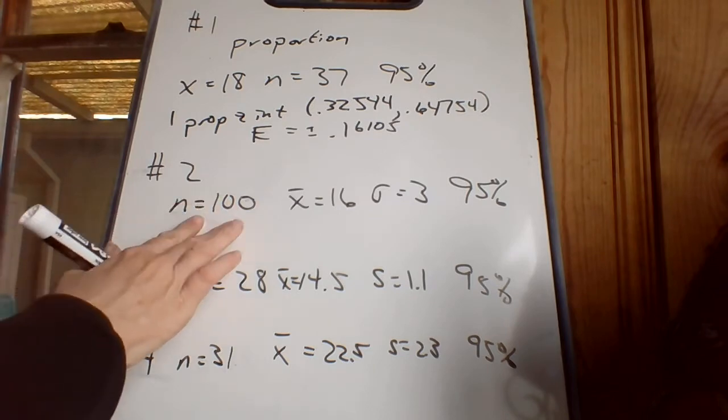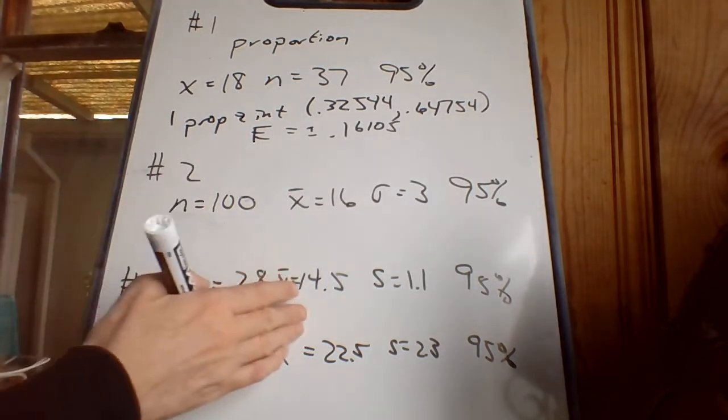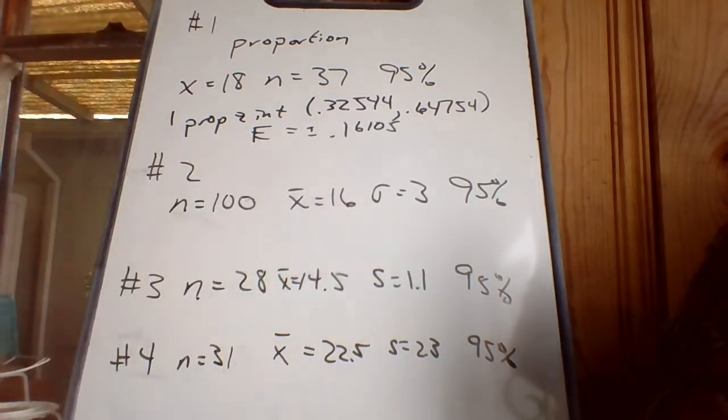All right, n is big, use z. N is little, use t. That's the main difference, how you can tell the difference between problems of this type and problems of this type. Okay, stat tests, z interval. Sigma is 3. X bar is 16. N is 100.